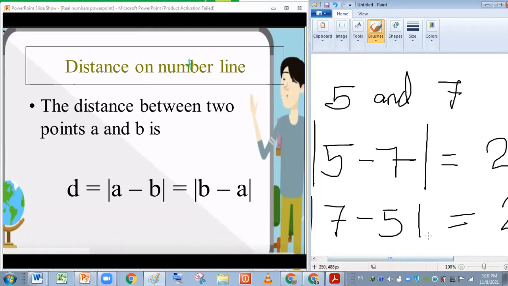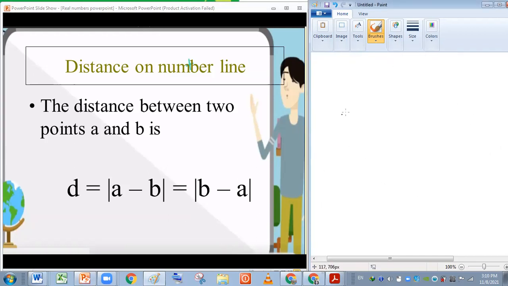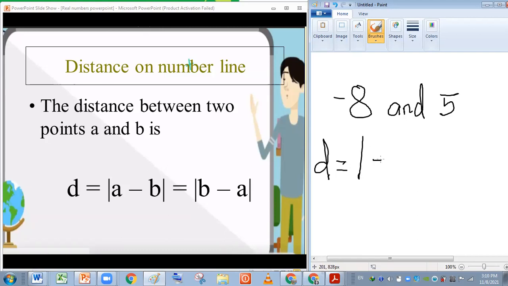So that is how we find the distance between the 2 points A and B on a number line. Another example, you have negative 8 and let's say 5. To get the distance, you can take the absolute value of negative 8 minus 5, which is equal to 13.